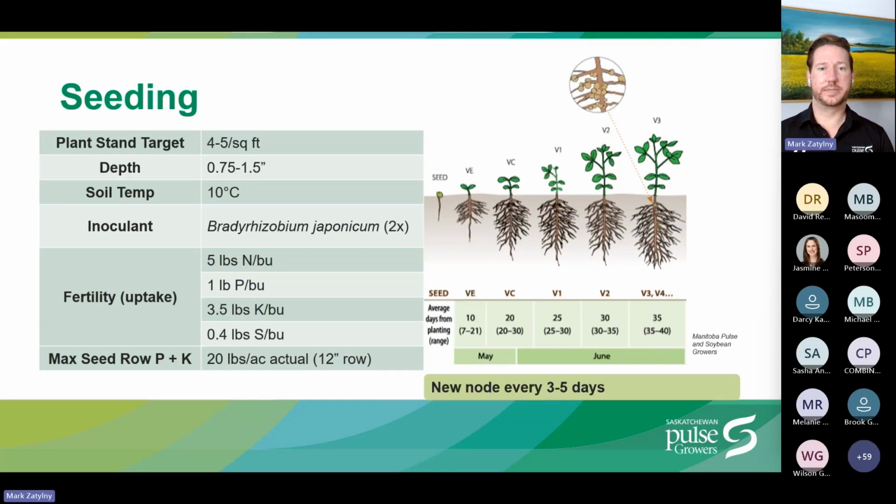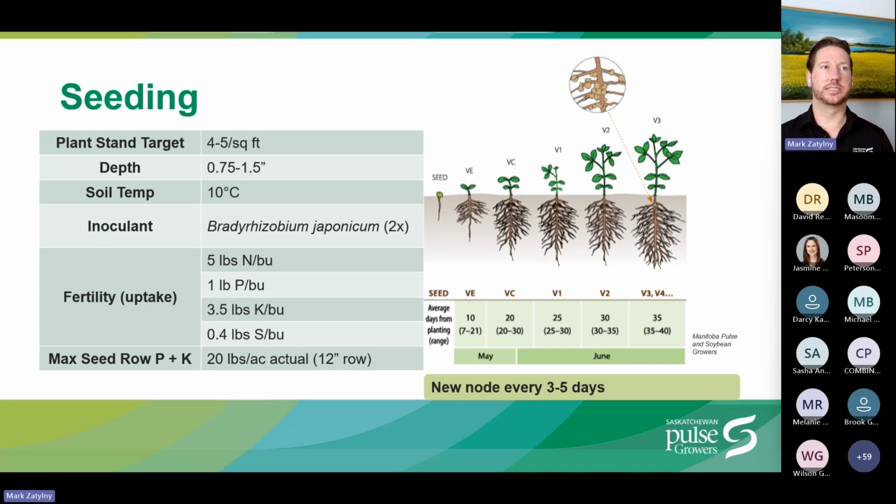As for seeding, soybeans are a bit more temperamental than other crops. They do require warmer soils, around that 10 degrees Celsius. When you compare it to the faba beans that were able to do 3 to 5, this does require it to be warmed up a little bit.